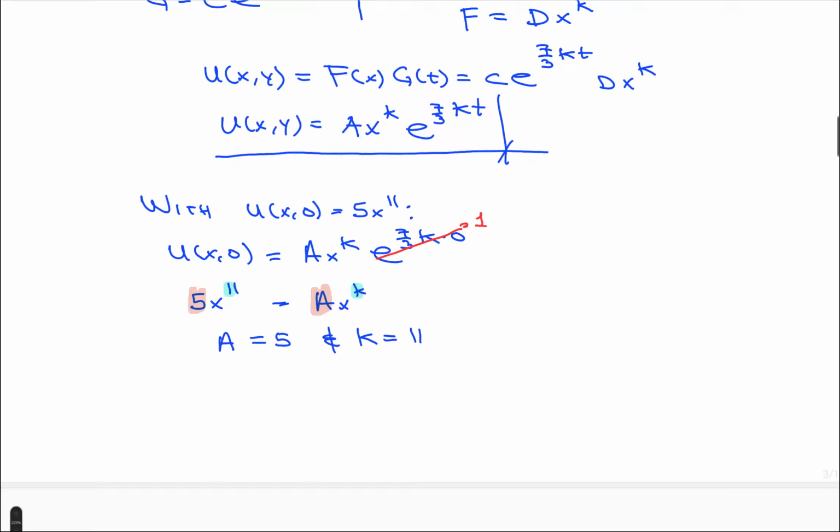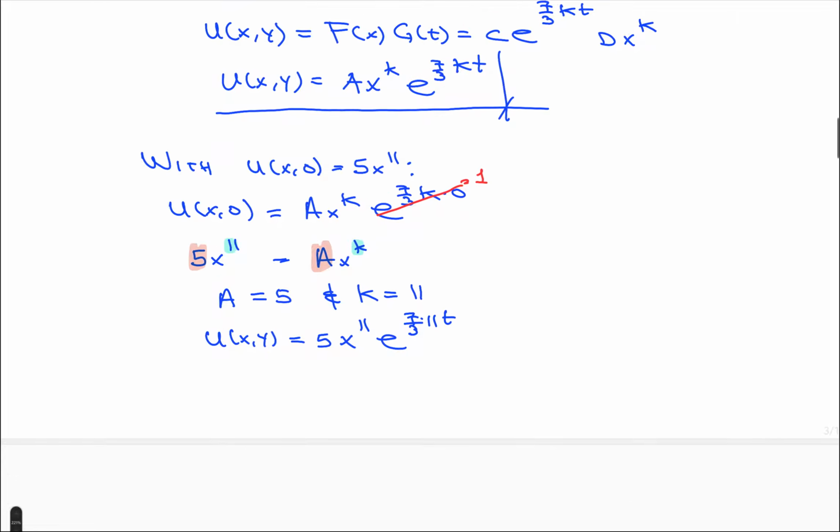So we may go ahead and write the particular solution to the differential equation. That is u of x, t equals a, which is 5, x to the k, which is 11, times e to the 7/3 times k, which is again 11, t.